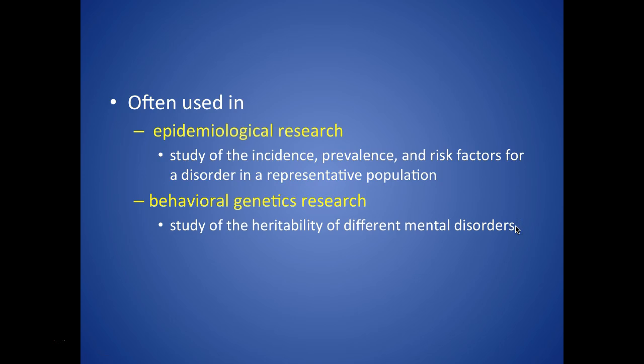Correlational research is often used in epidemiological research, where again you study the incidence and prevalence. The example I gave in an earlier lecture was whether someone had AIDS or HIV infection, and then determining what's correlated with that, and then you label those things risk factors.